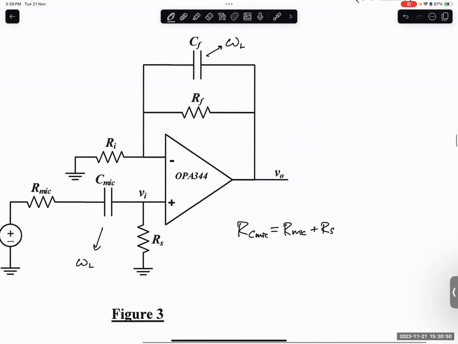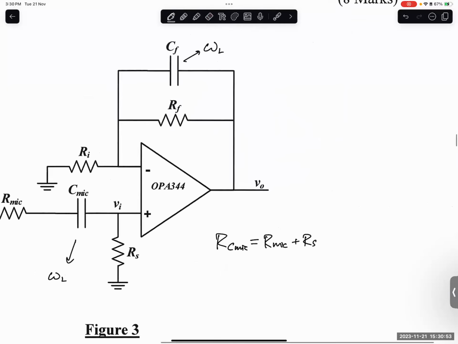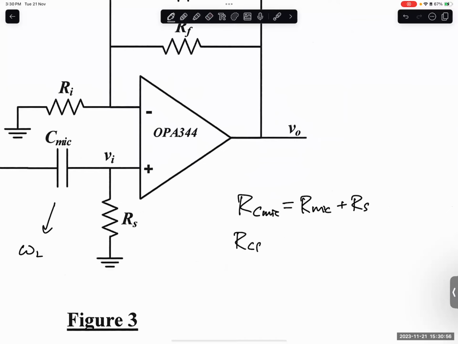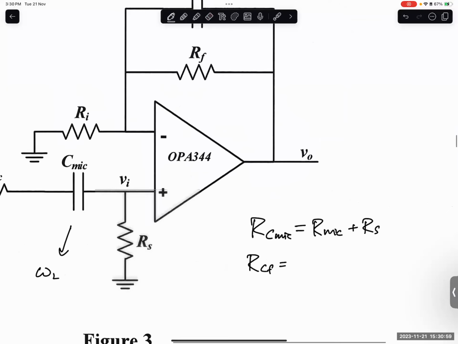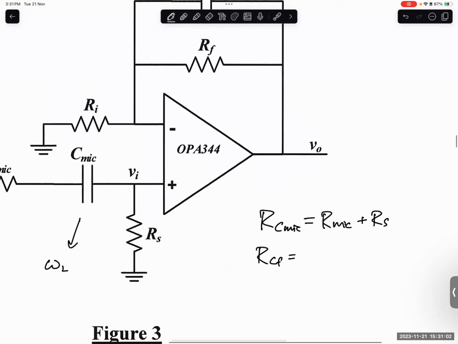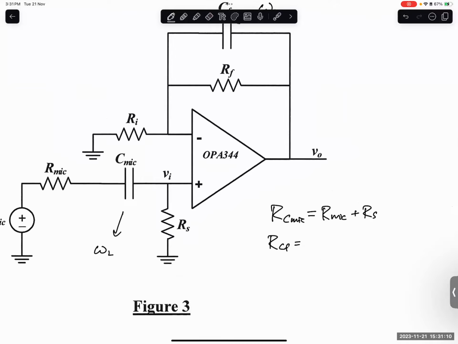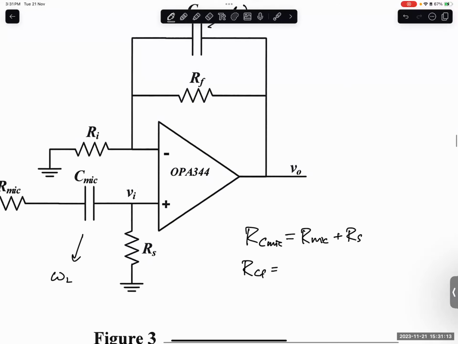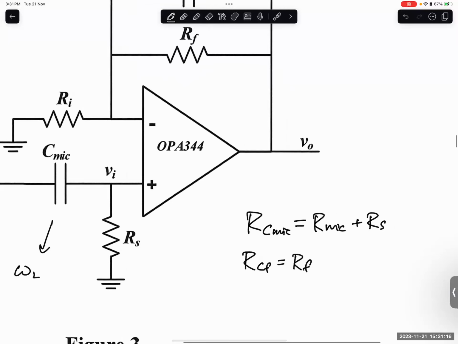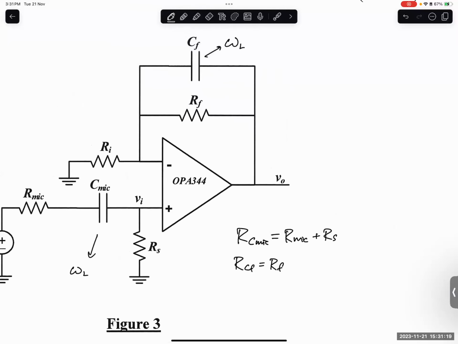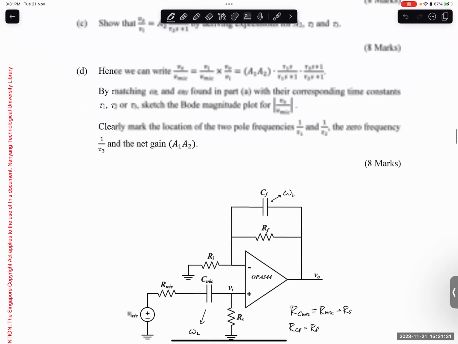And then for RCF it equals RF plus RI. How do you do it? No, RF. Everything ground, here is 0 volt, here is 0 volt. So it's just RF. If I'm wrong, anyway, this is not an exam paper.